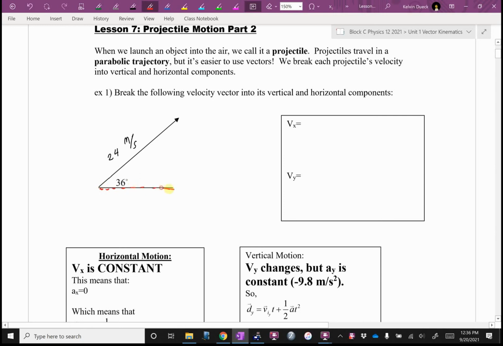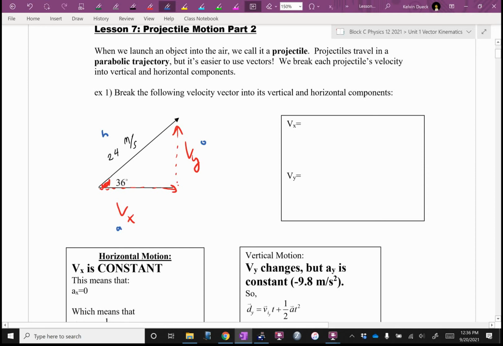Okay. There would be Vx. There would be Vy. That 24, Manraj, opposite, adjacent, or hypotenuse. What about Vx? What about Vy?